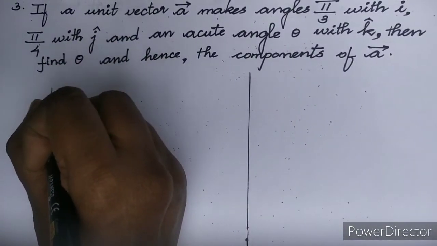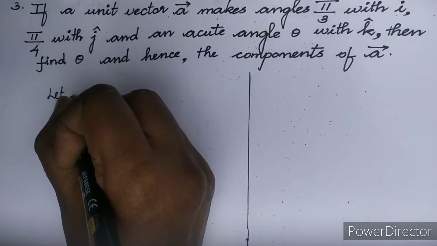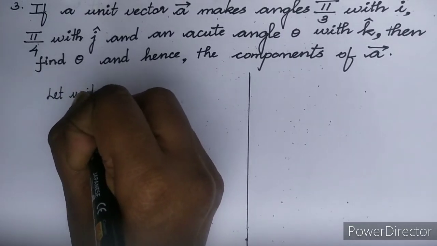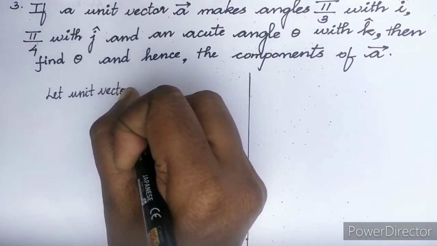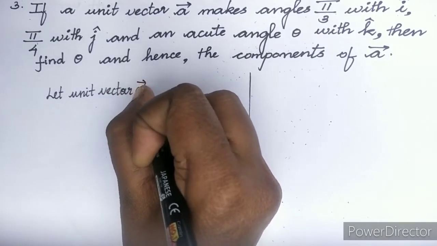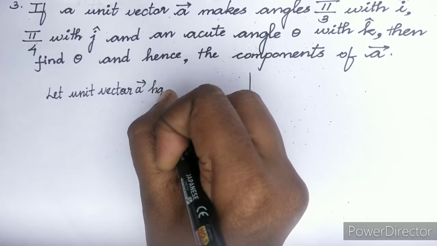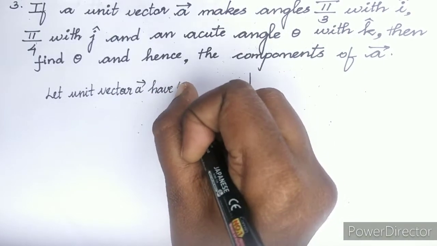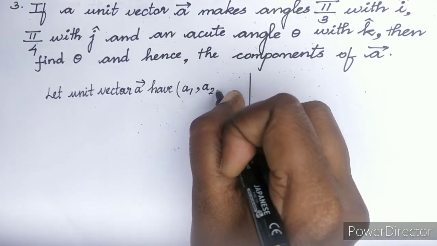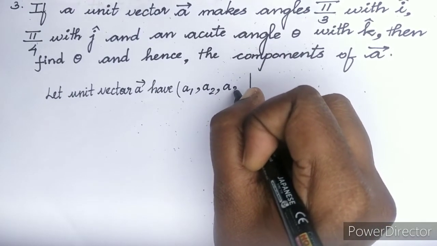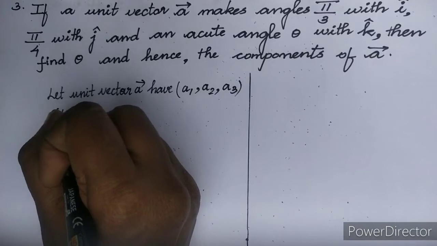So let us take the unit vector a vector which has components a1, a2, a3.